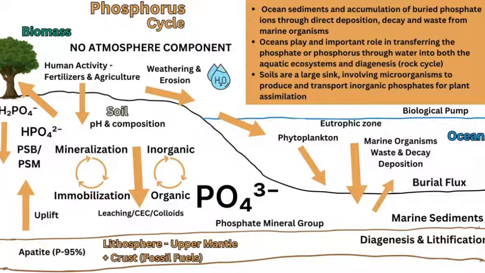And the role of the water cycle is inherently important with the movement and flux of phosphorus, and there is an absence of a major atmospheric quantity or sink within this cycle, but most of it is done through the overland flow, the stream flow, the groundwater flow between the ocean, the rock, and the soil, and the ability for water to transport phosphorus around the soil through leaching and percolation.